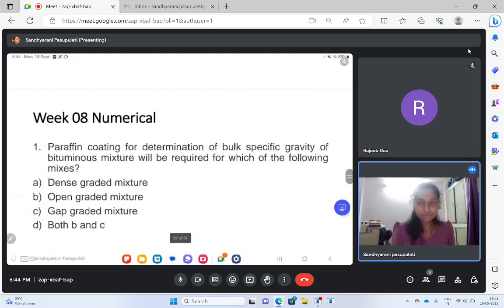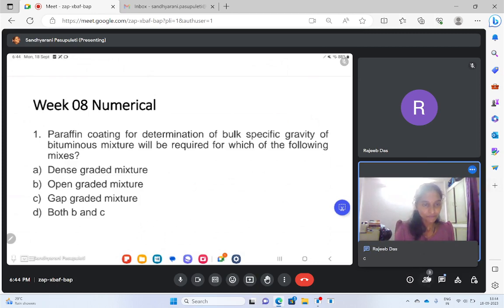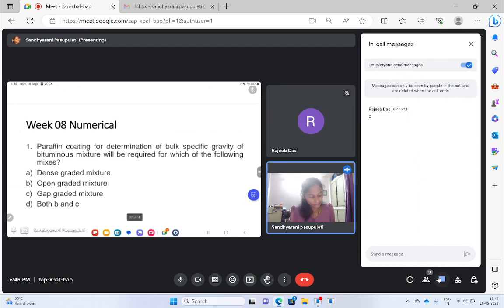So in regard to this week 8 lectures, let me solve a few questions. The first one is: paraffin coating for determination of bulk specific gravity of bituminous mixtures will be required for which of the following mixes? As we have discussed, we discussed three types of methods to determine the GMB.